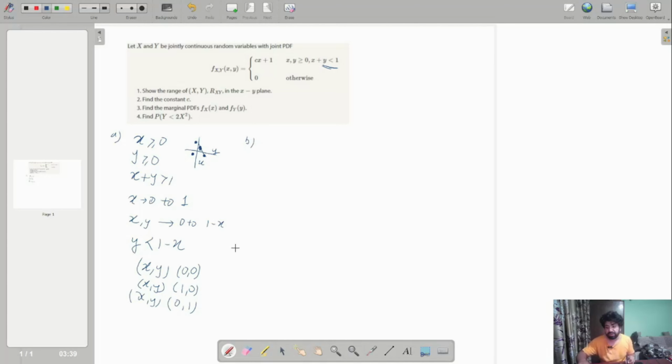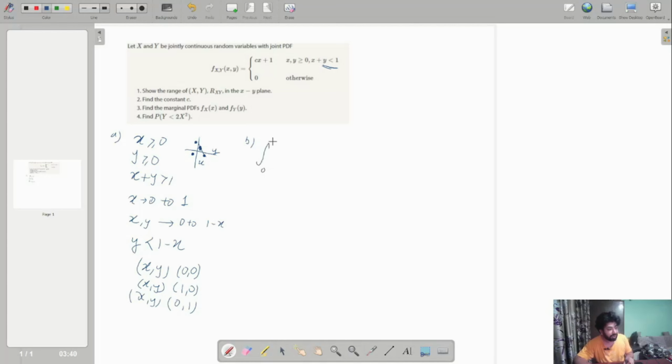Let's move to the next part, where we have to find the value of constant C. In this case I have to do integration, and since we have a PDF here, the total integral will always equal 1.